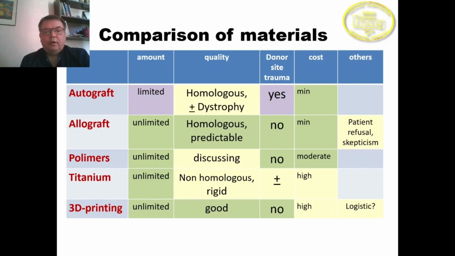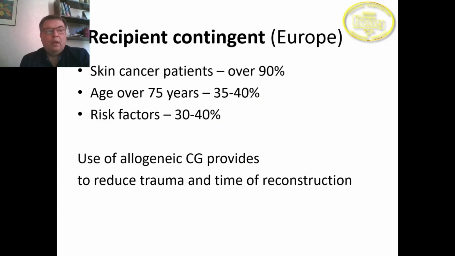Also, artificial materials are more expensive and they present unnatural mechanical properties. Also, they aren't available for every patient. I have to mention that most patients with acquired nasal defects in Eastern Europe are elderly patients with skin carcinoma and comorbidities. It looks like use of allogeneic cartilage can be defined as a near optimal solution in those patients.